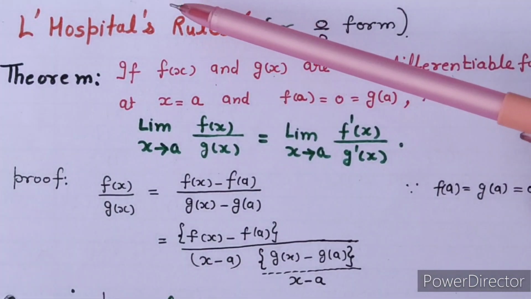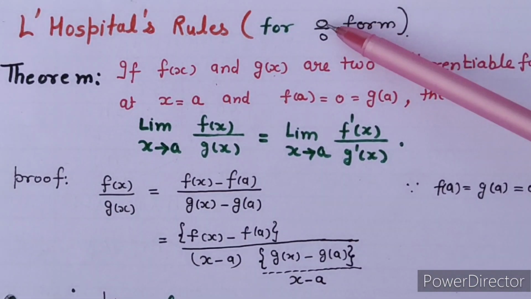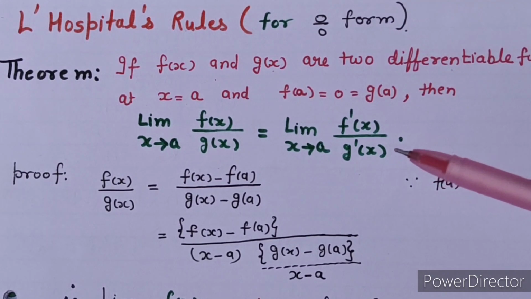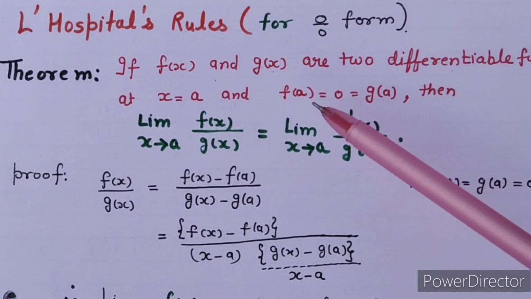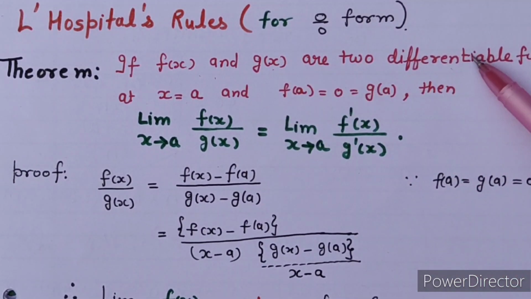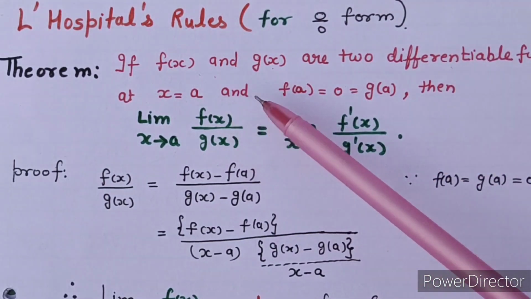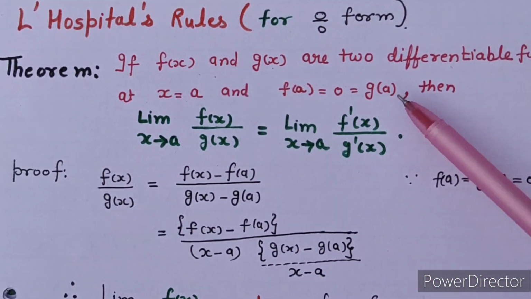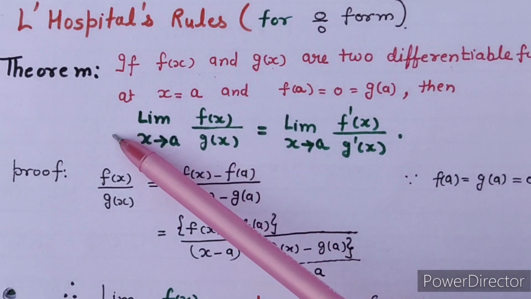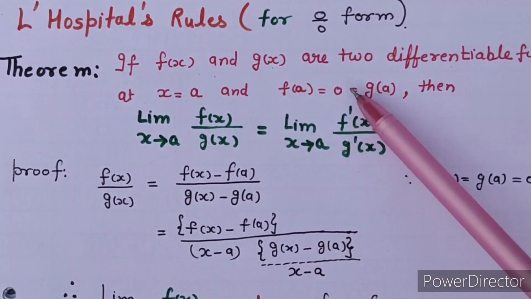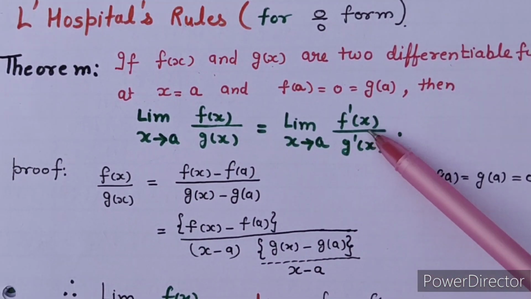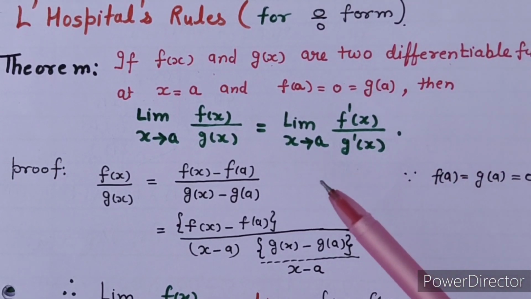For L'Hospital's rule, the 0 by 0 form and other forms are also handled by this rule. There is a theorem: f of x and g of x both are differentiable functions at x equal to a, and the value of the function at a is 0 here. Then this limit expression will be equal to limit x tend to a f dash of x by g dash of x.